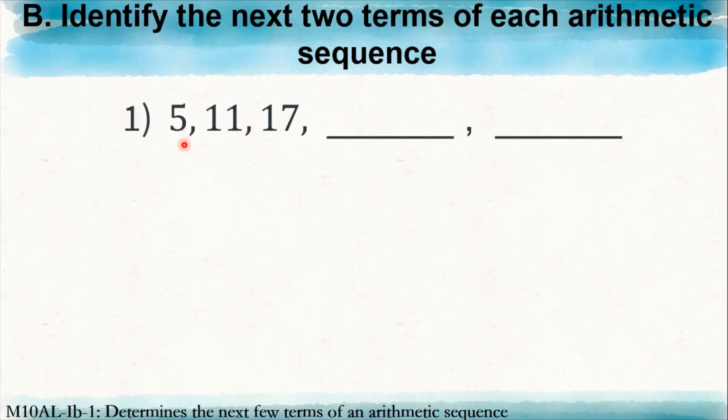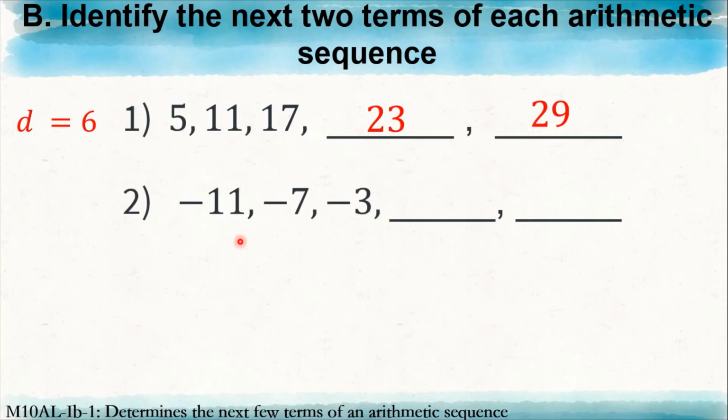So, in this case, we are adding 6 to each of the terms of the sequence. O kaya, pag kinuha mo yung difference nila, 11 minus 5 is 6. 17 minus 11 is 6. So, tama naman. The common difference is 6. So, how do we get the next two terms? So, add natin ang 6 sa 17. So, 17 plus 6 is equal to 23. Then, 23 plus 6 is equal to 29.